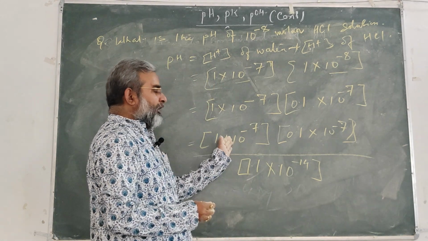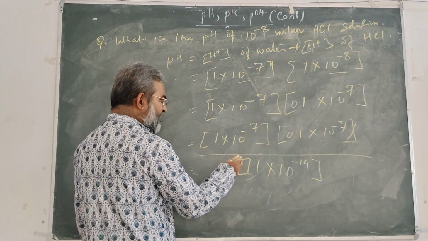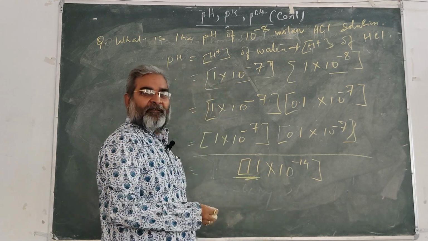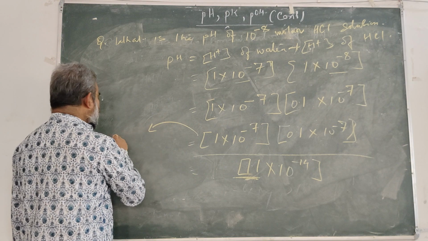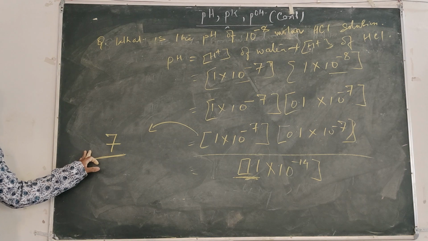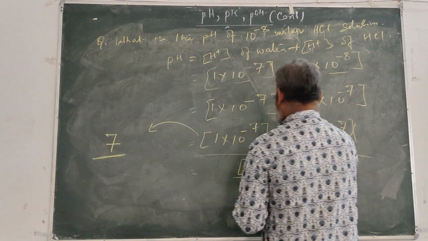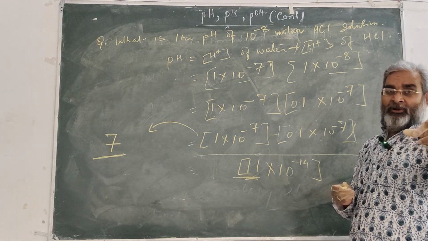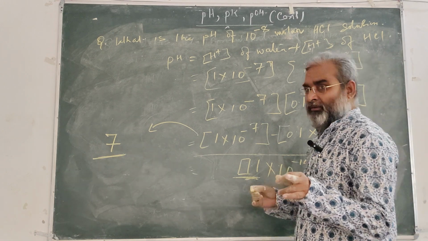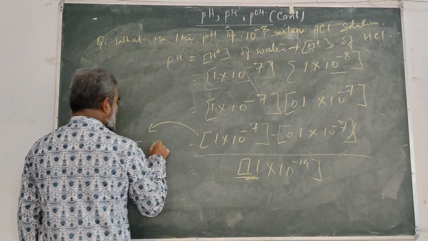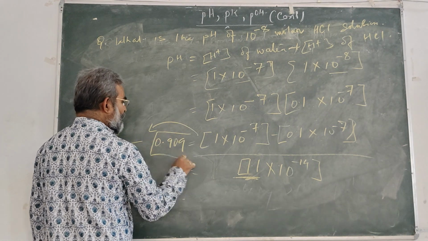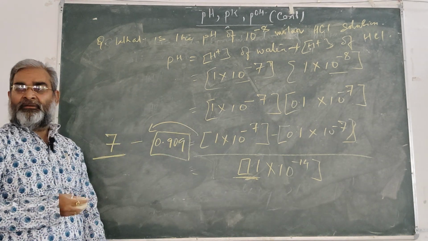And you convert it into the log value. Okay, this one represented the 7 value. And this one represented the minus. लॉग वैल्यू दिया हुआ है वहाँ पे, 0.09 और लॉग वैल्यू है 0.909, it is the log value.